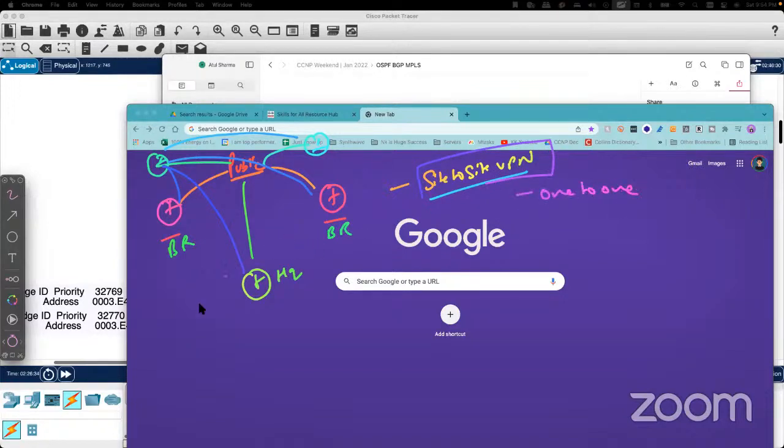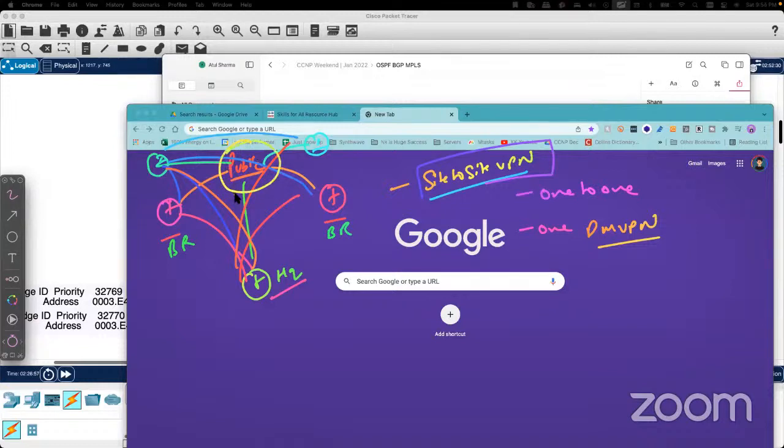But when it comes to DMVPN, this is one to many. With one head office and multiple branches, the branches only create a tunnel with the head office. This technology is called DMVPN. Both DMVPN and site to site VPN are used to connect your locations with each other over the internet.